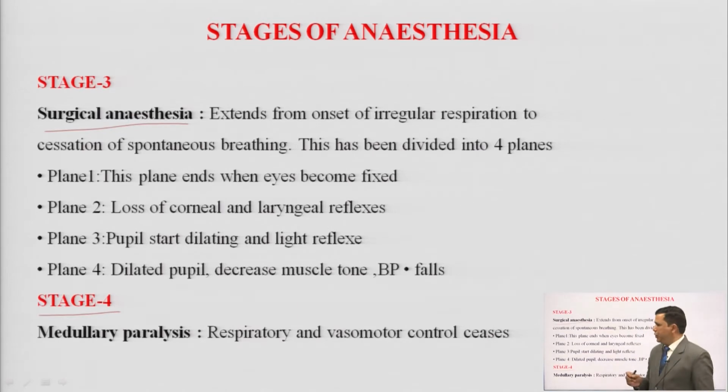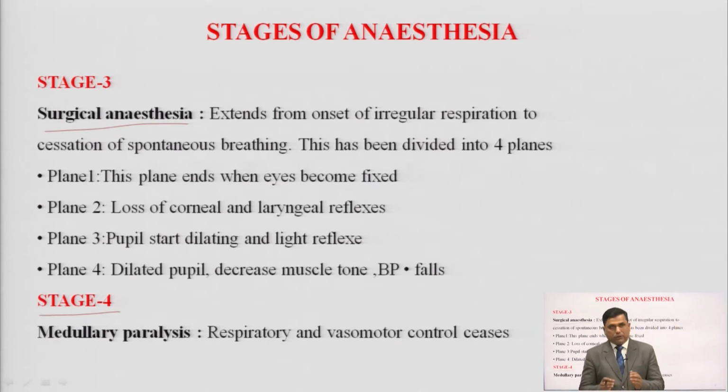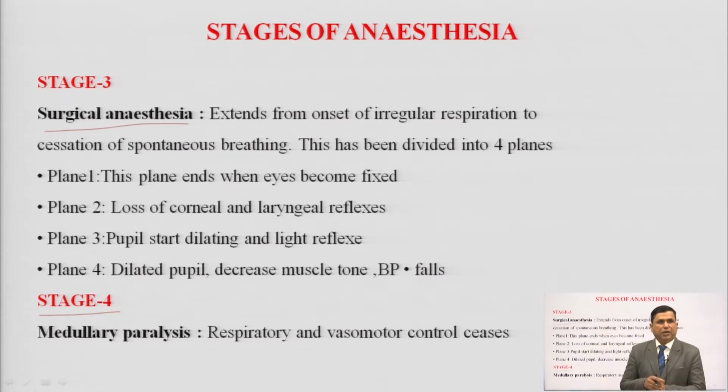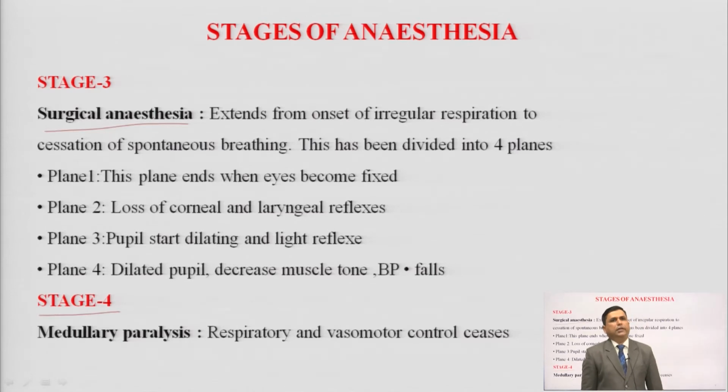Stage 3 is divided into four planes: plane 1, plane 2, plane 3 and plane 4. In the first plane, the eyes become fixed. The second is loss of corneal and laryngeal reflexes.